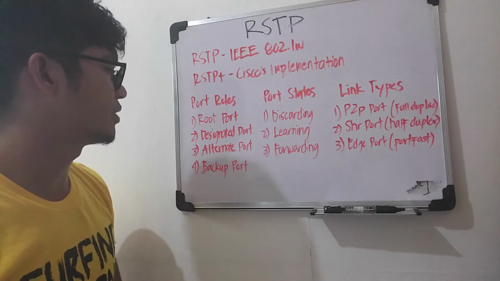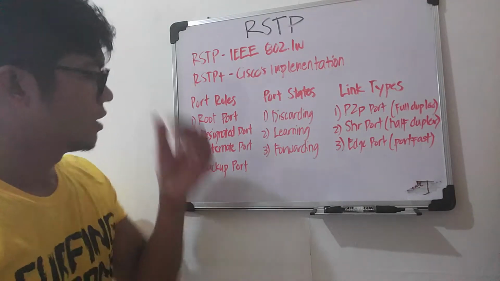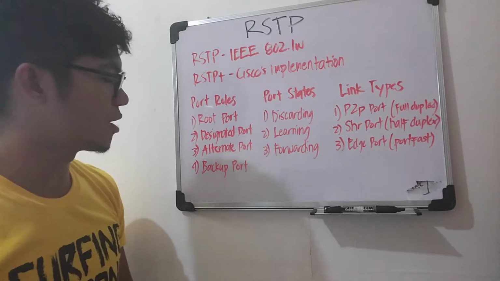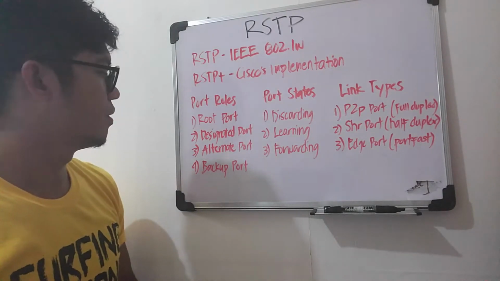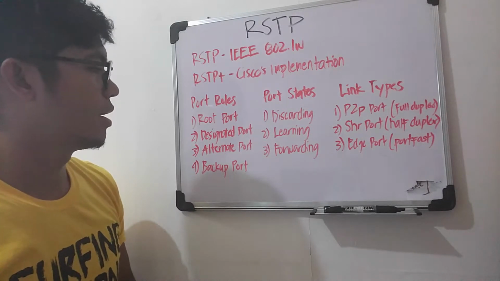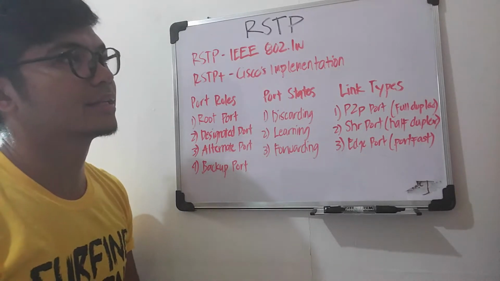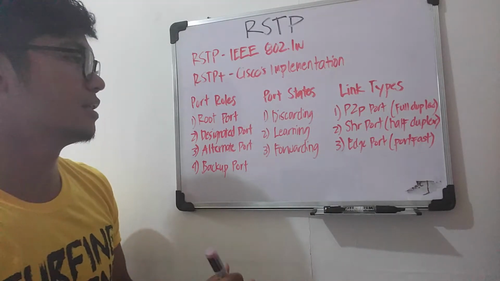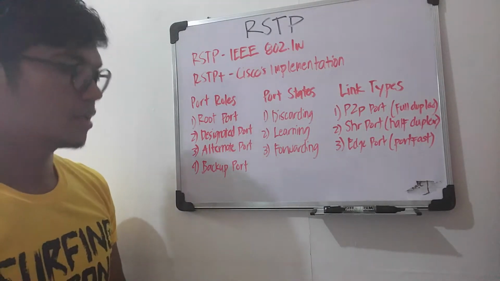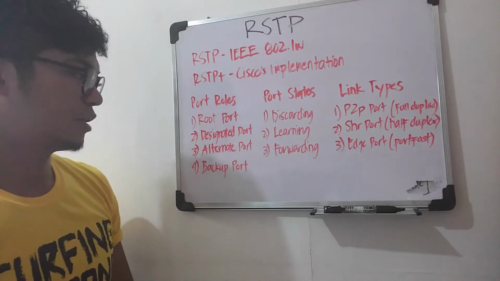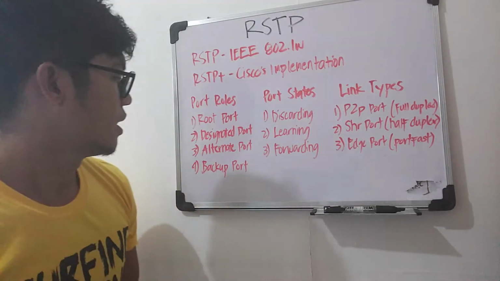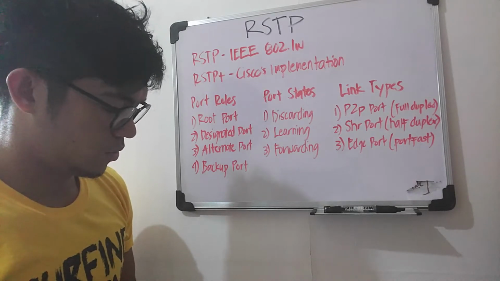And number three is the alternate port. This is the port that is less desirable, an alternate port, as the name suggests, to the root port, so to the root bridge.